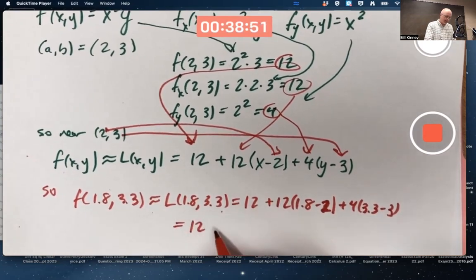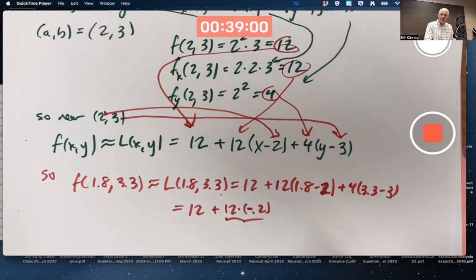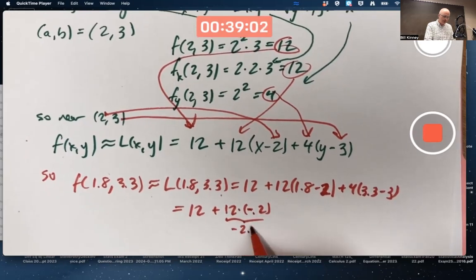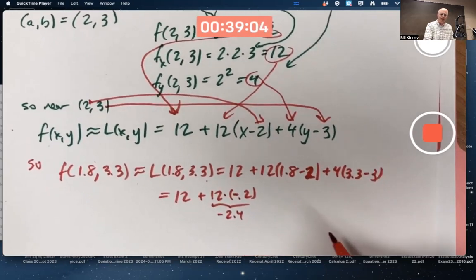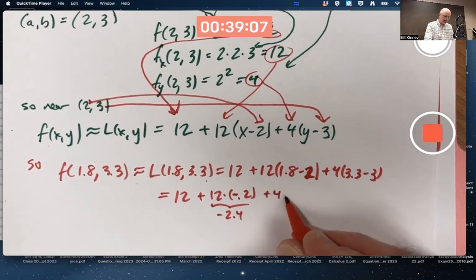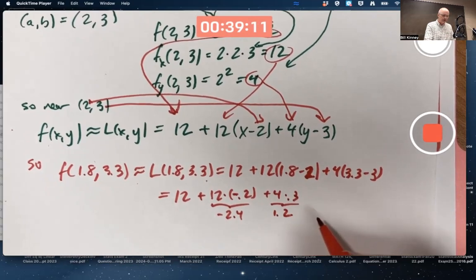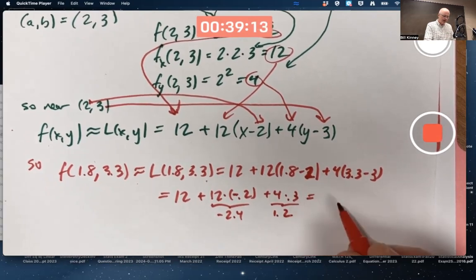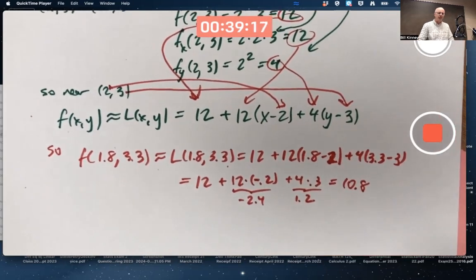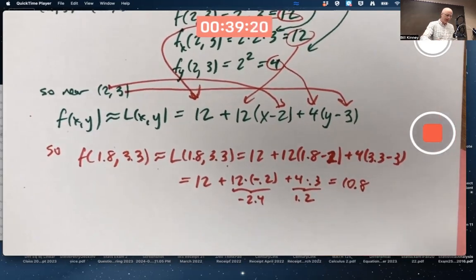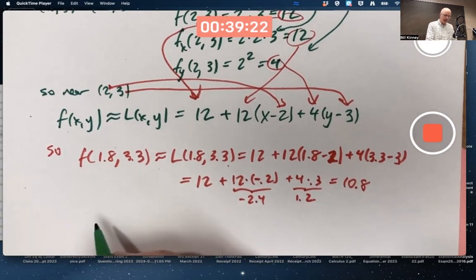That'll be 12 plus 12 times negative 0.2. What will that be? That'll be negative 2.4. Plus 4 times 0.3, that'll be 1.2. Ultimately, we get 12 minus 1.2, 10.8, is our approximation for f of (1.8, 3.3).